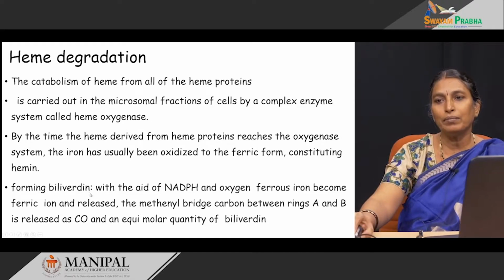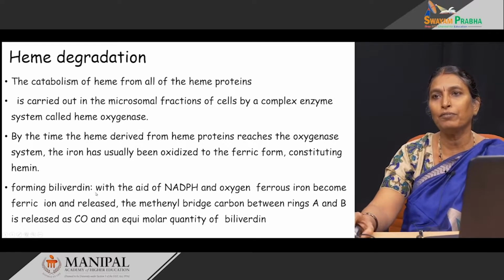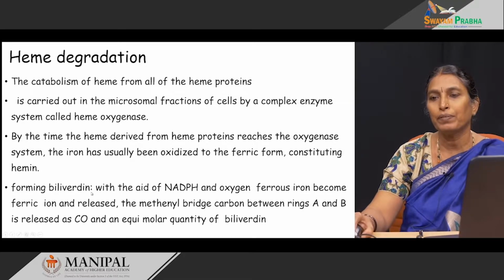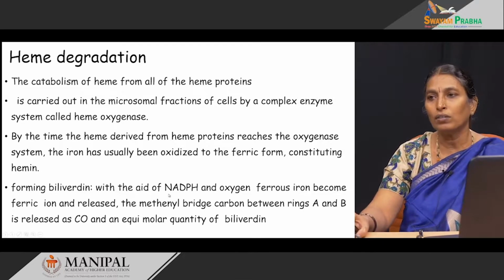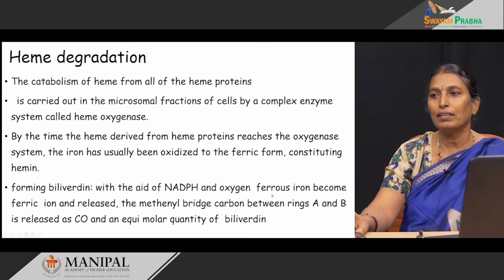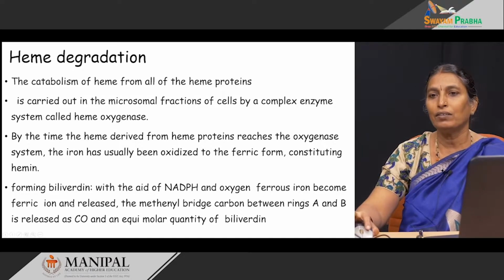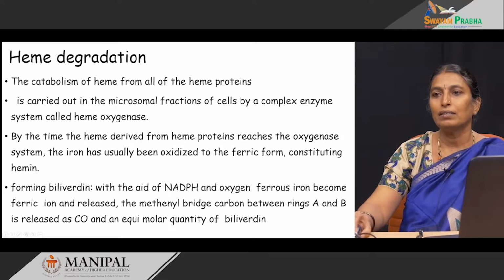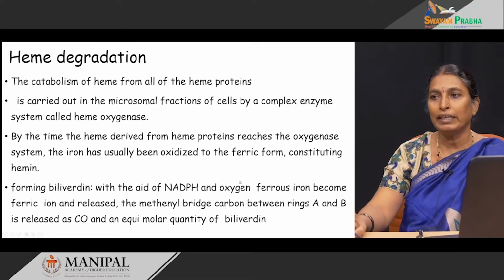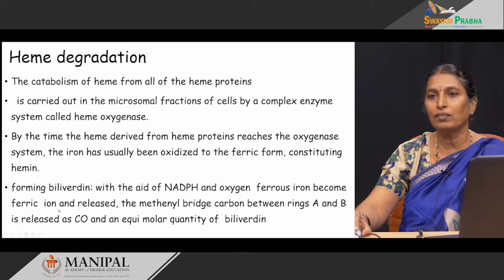Forming biliverdin is the first step of formation of bilirubin. With the aid of NADPH and oxygen, the ferrous ion becomes ferric ion and is released. Using NADPH, first the ferric ion forms ferrous ion, heme, then that ferrous ion again becomes ferric ion and is released.